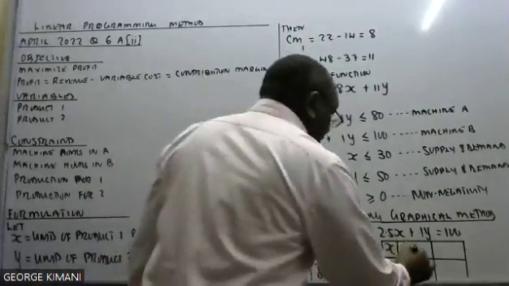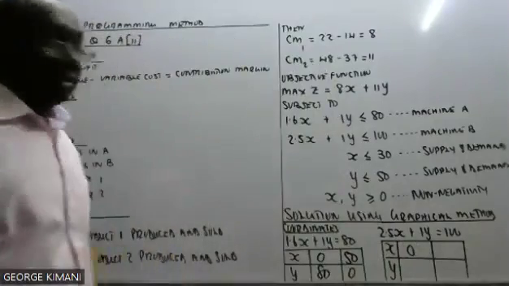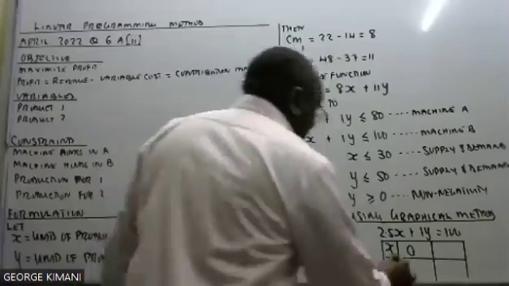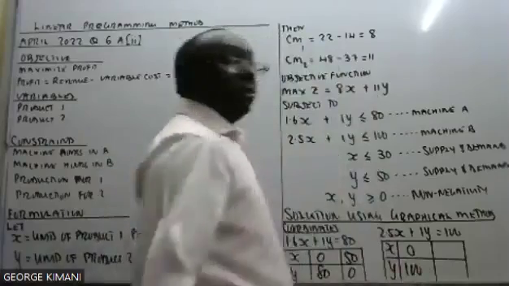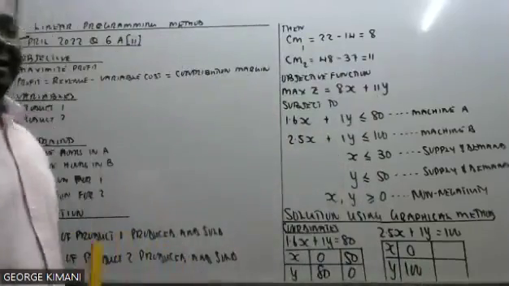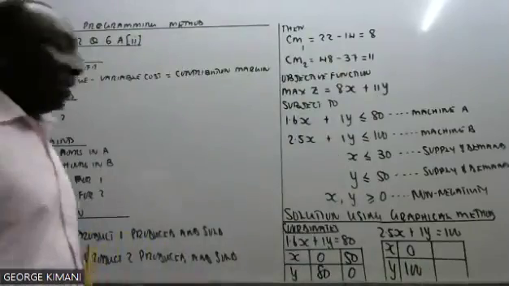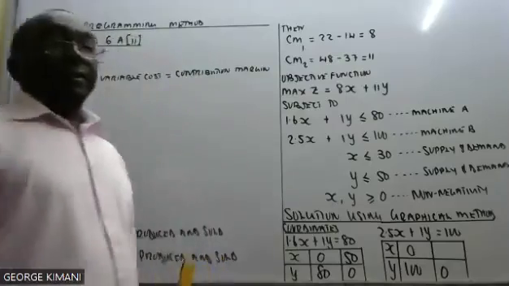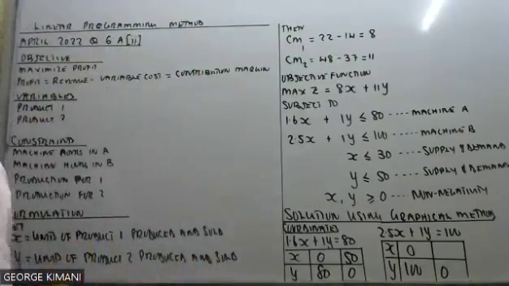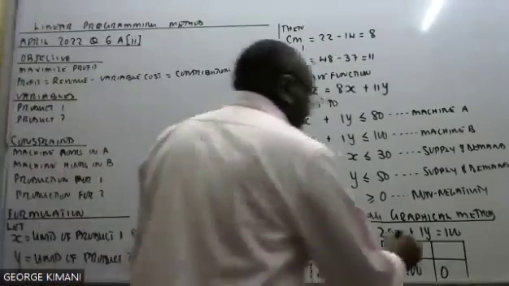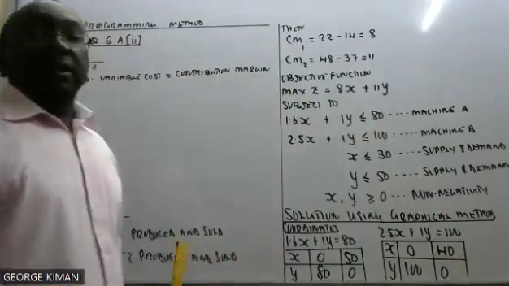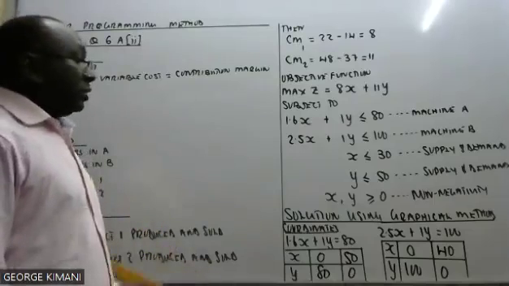If x is 0, y will be 100. And if y is 0, x is 40. That is how you get coordinates.